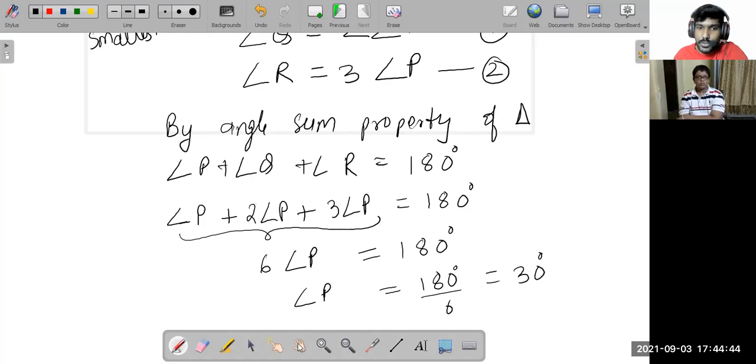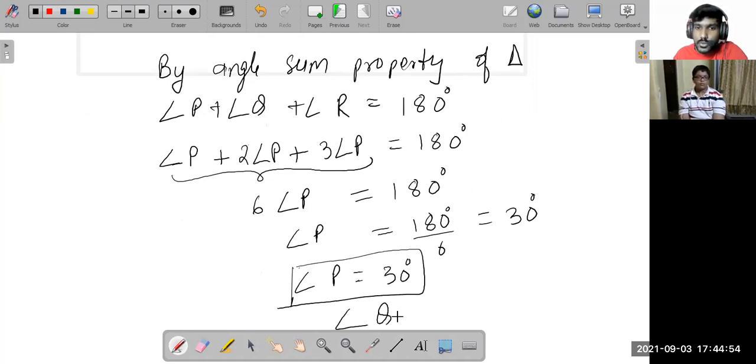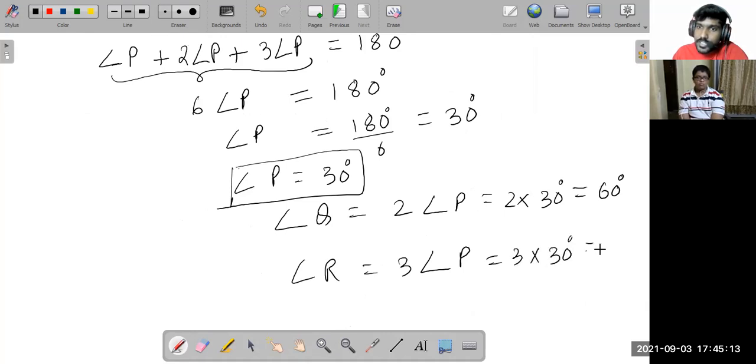So see, angle P you got correct, 30 degrees. And now you can easily say what angle Q and angle R will be. Angle Q is 2 times angle P, that is 2 into 30, which is 60 degrees. And angle R is 3 times angle P, that is 3 into 30, which is 90 degrees.